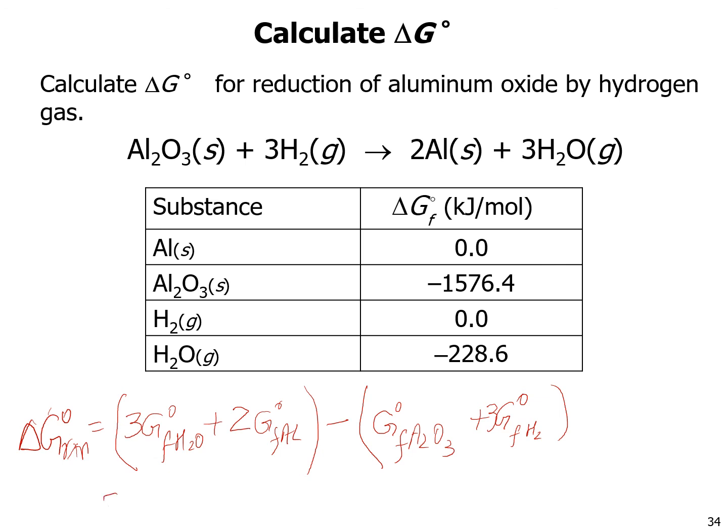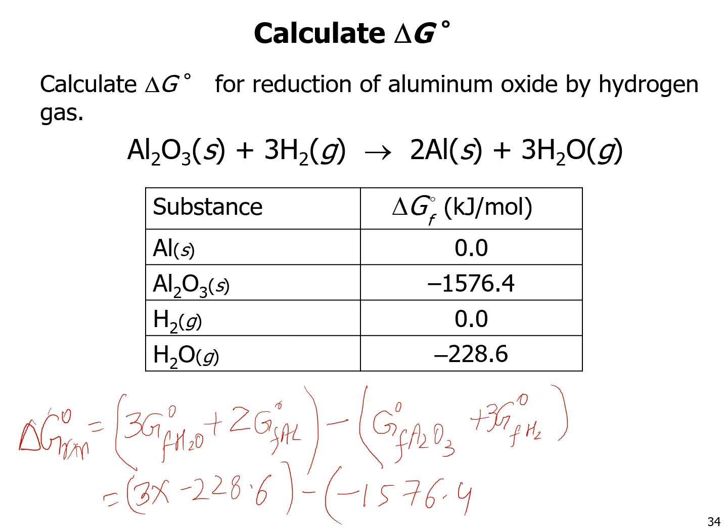So it's going to be, don't forget the signs that are given to you, 3 times water, which is 3 times negative 228.6. This is 0, so I can ignore it. Minus Al2O3, which is given to me as negative 1576.4.